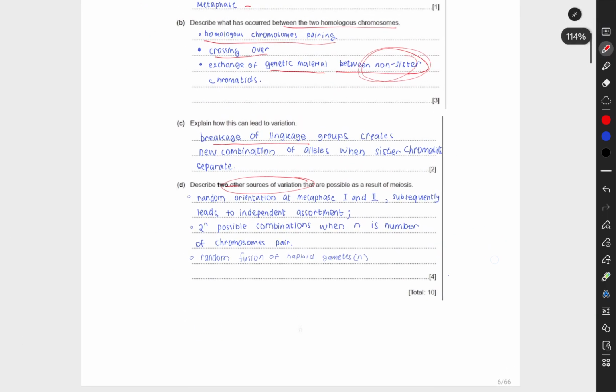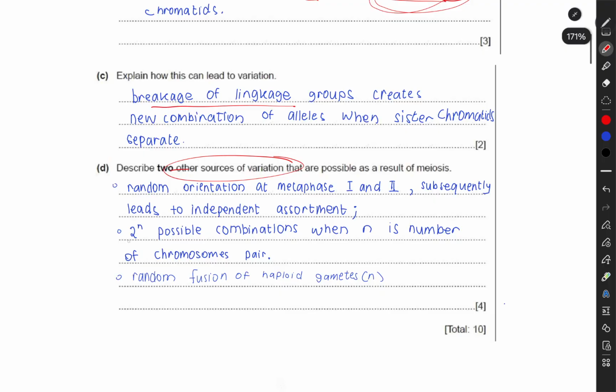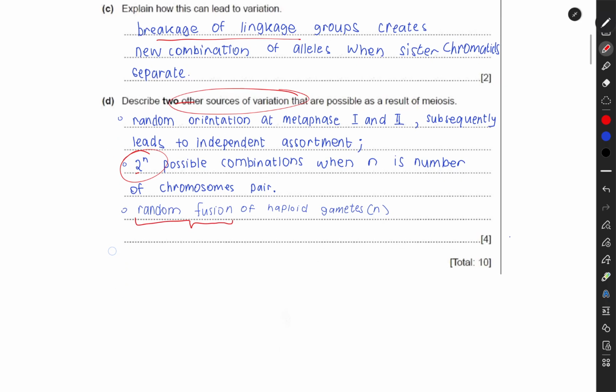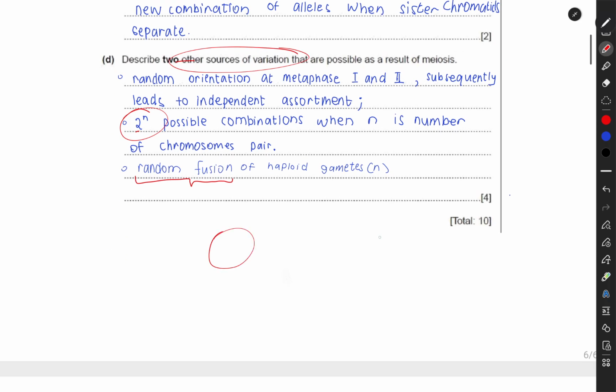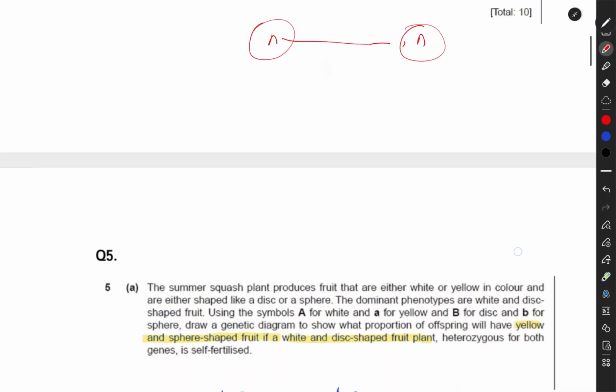Let's continue. As I said, there are 2^n possible combinations where n is the number of chromosome pairs, and also there's random fusion of haploid gametes, from the mother and the dad, which join together and create a new variety.